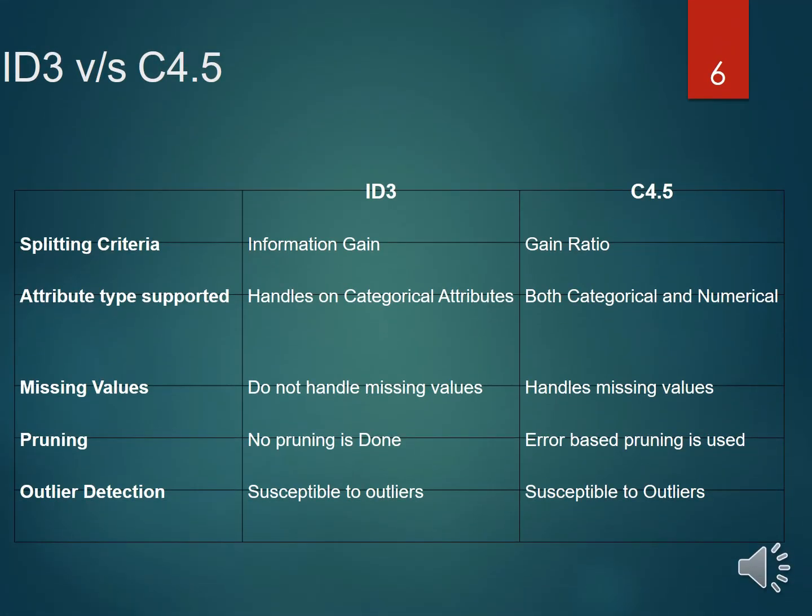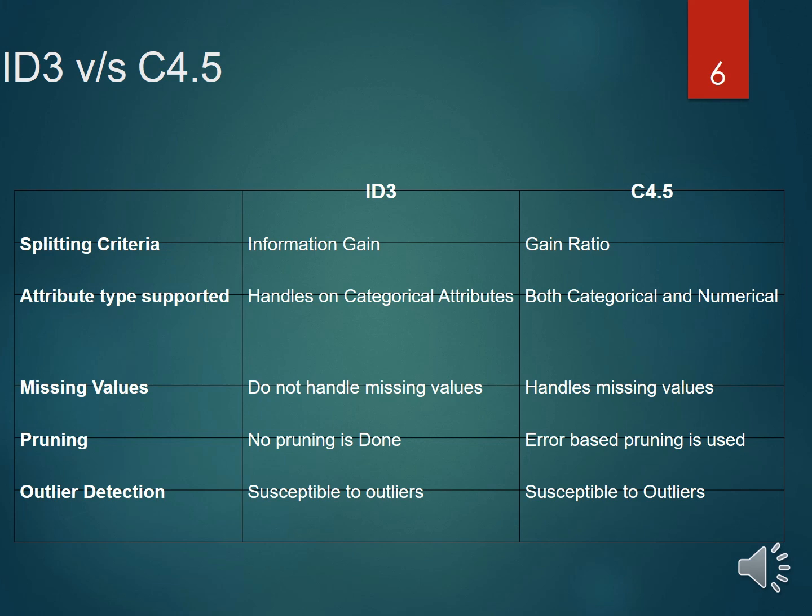Before concluding my video, I would like to state the differences between ID3 and C4.5. First is the splitting criteria. In ID3 we use information gain, and in C4.5 we use gain ratio. You have already seen that. Next, the attribute type supported. In ID3 it is categorical attributes, while in C4.5 it is both categorical and numerical attributes.